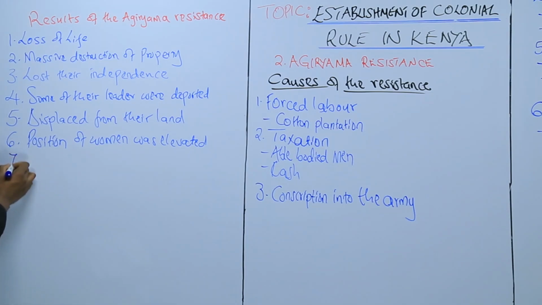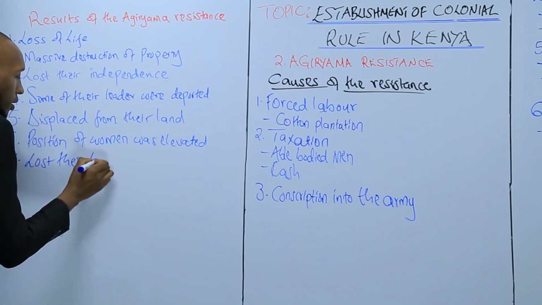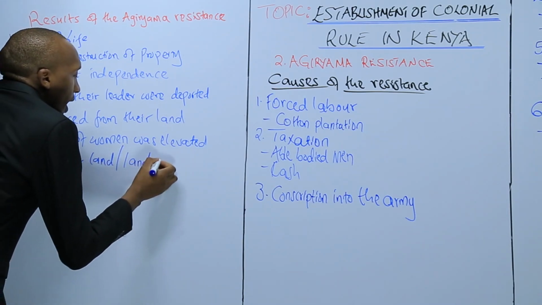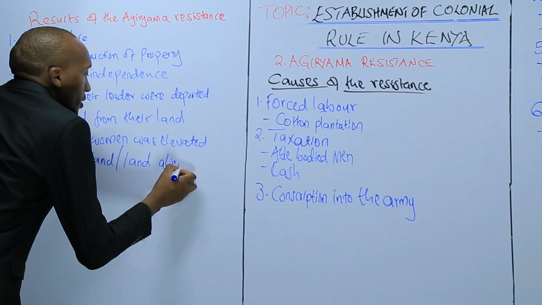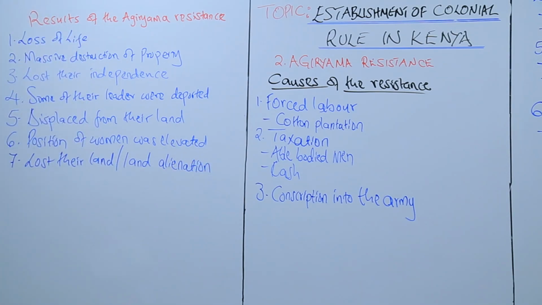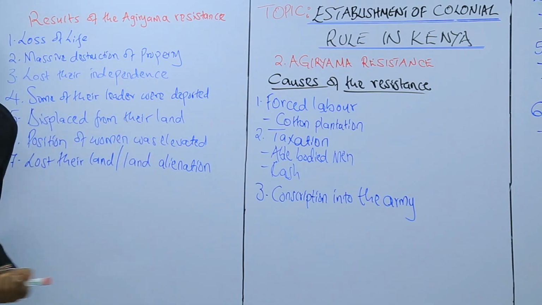And then lastly, the Agiryama lost their land, what we also refer to as land alienation. So their land was taken away and now was used by the British to establish plantations, that is the cotton and rubber.